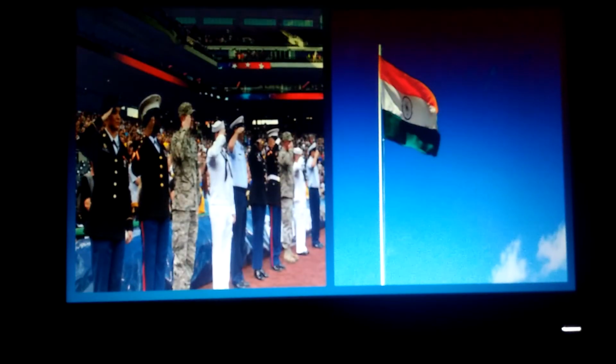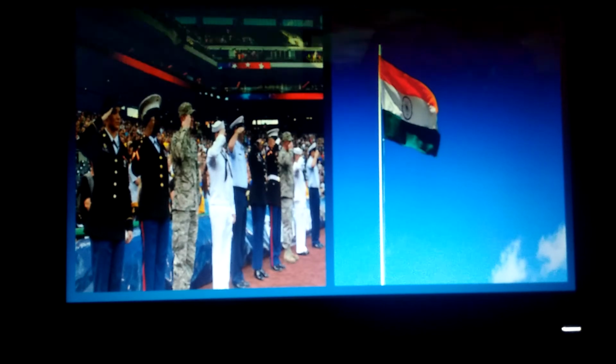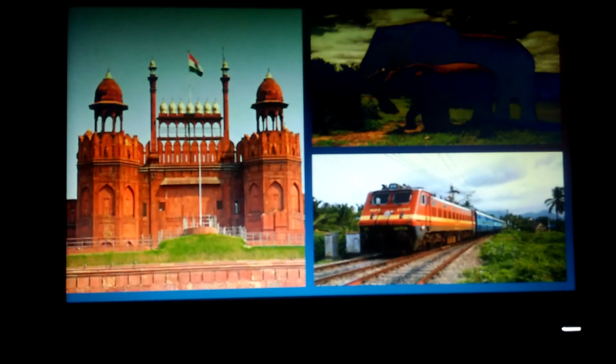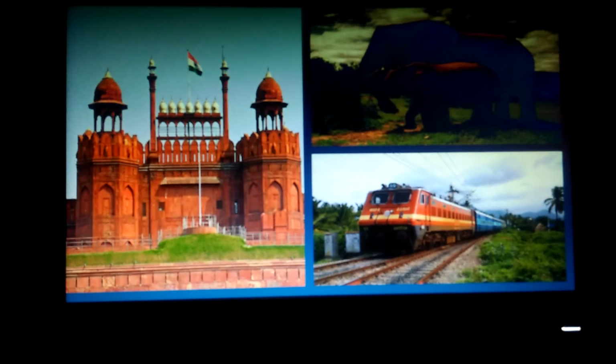As you can see that we should always respect our national flag, national anthem, and the national property. As you can see that we also must protect our environment and natural resources, our railways, roadways, national parks, and national property that the constitution expects from us.